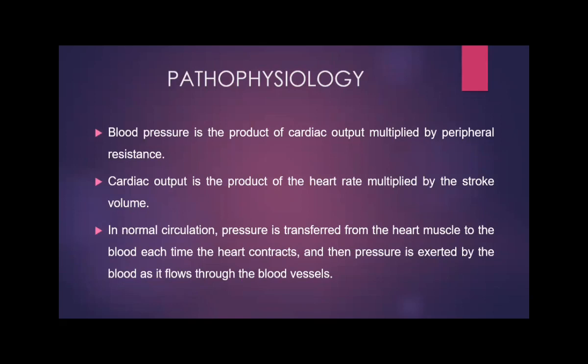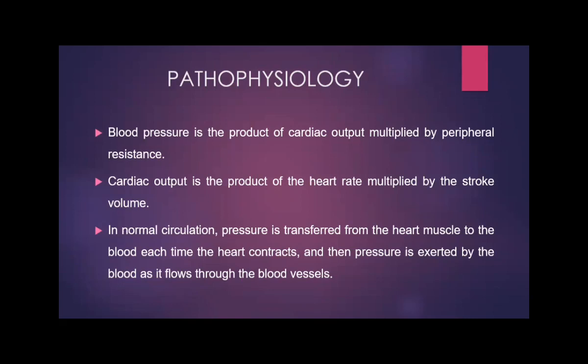So in blood pressure, we have common terms such as blood pressure and cardiac output. Blood pressure is a product of cardiac output multiplied by peripheral resistance. This means that blood pressure is a result of the amount of blood that is produced by the heart and the resistance that it meets in the blood vessel, which is how narrow or wide the blood vessel is.